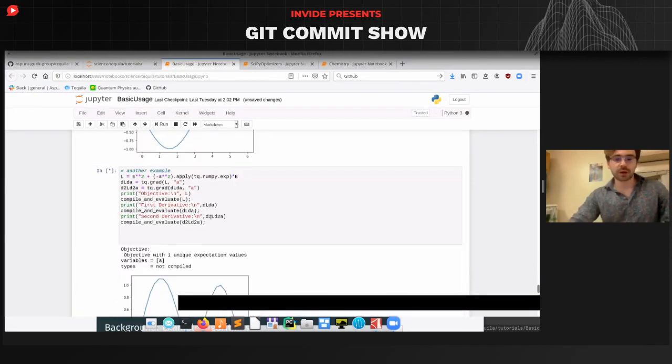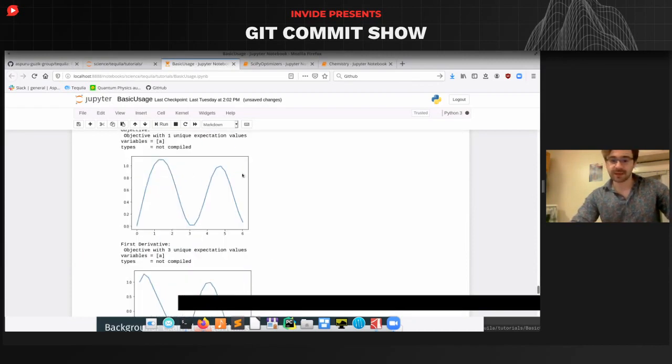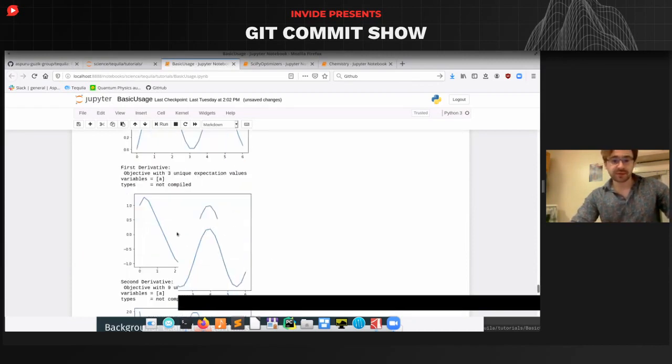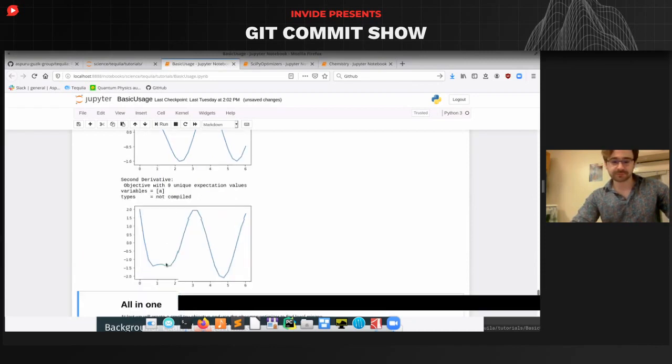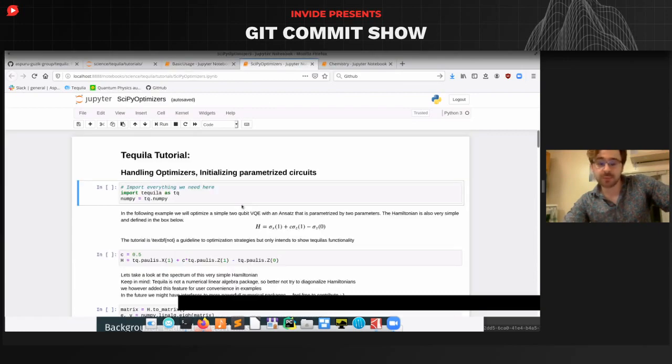We have more examples even further. So this weird camel hump thing yields this as a first derivative and this somewhat bizarre second derivative. I'm a little low on time, so I'll dig real quick into interfacing more popular optimizer packages.